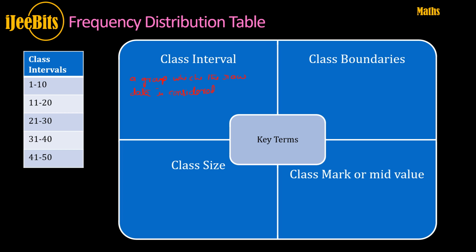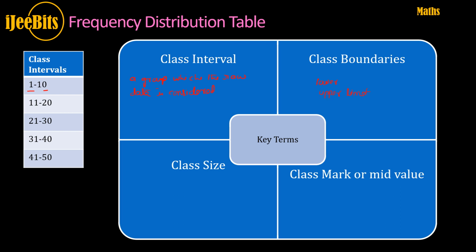We have two boundaries, a lower limit and an upper limit, right? Those are called the class boundaries. So whenever you have class boundaries, you have a lower limit and an upper limit. That is why the lower limit and upper limit are nothing but the class boundaries.